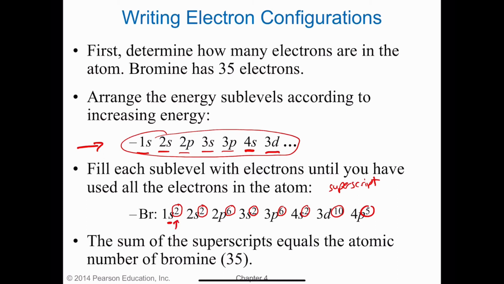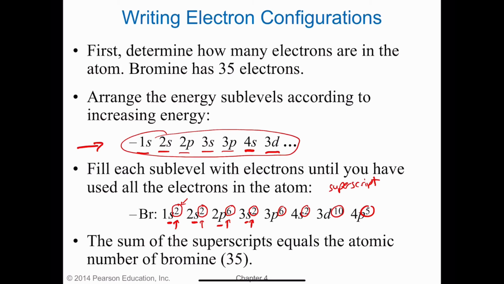So we've got a 2 right there. Here's another s where there's 2. We said that p orbitals, when you have the 3 of them together, the p subshell can hold 6 because each little orbital can hold 2, and 2 times 3 is 6. Here's another 2 for the s, and so on. That's what they're talking about. These superscripts are the number of electrons, and it makes sense. It corresponds to what we said, how many electrons a sublevel can hold.